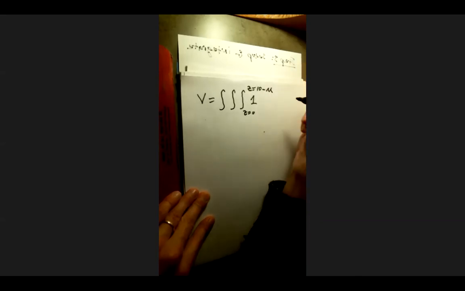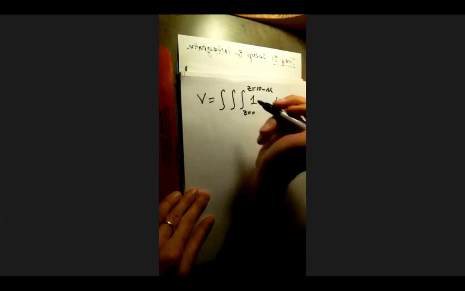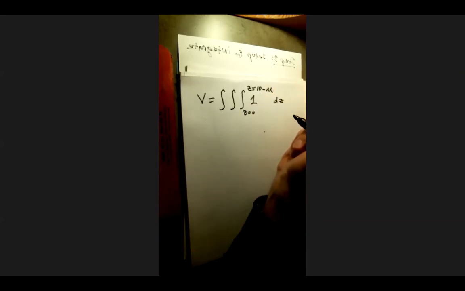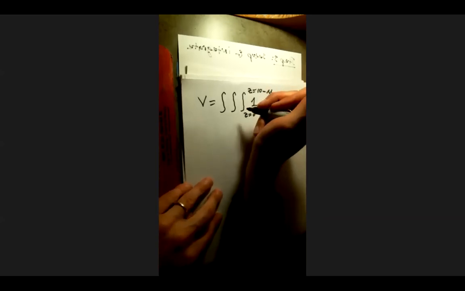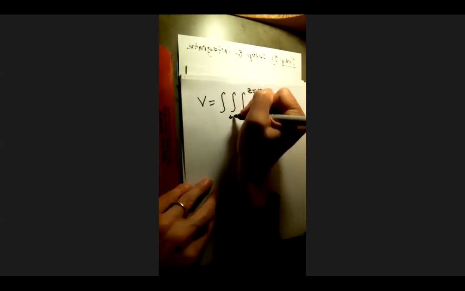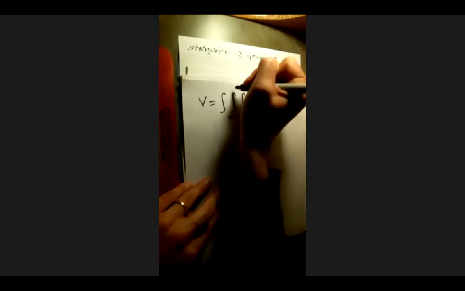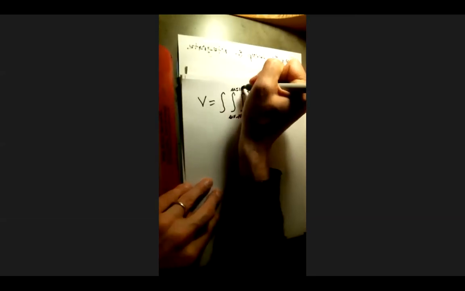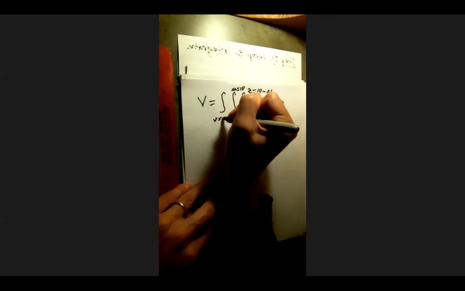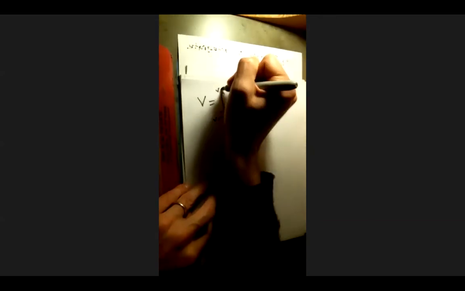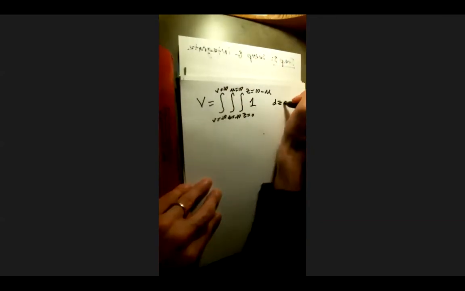And then that's our dz. And then our u values are going to go from u equals negative 10 to u equals 10. And our v values are going to go from negative 10 to 10.